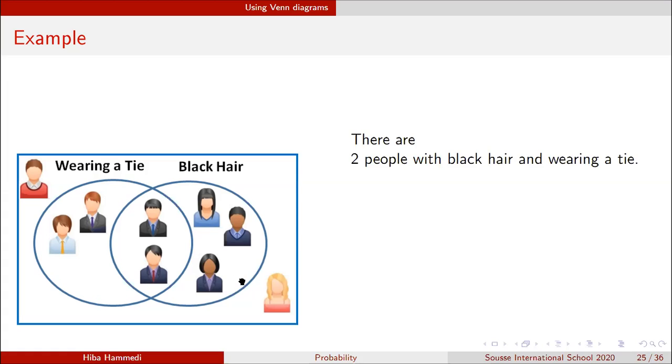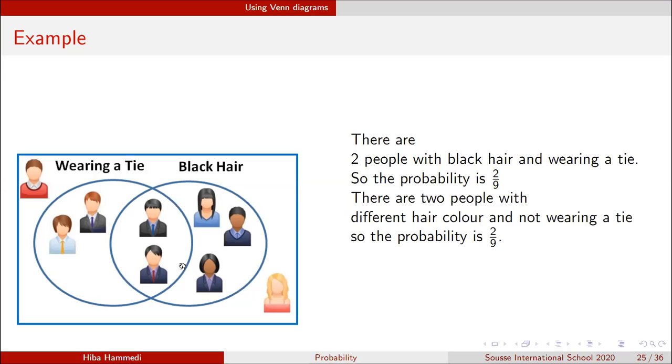As you can see here, there are two people that have black hair and are wearing a tie. If they ask you what is the probability of picking a person having black hair and wearing a tie, it will be 2/9, because overall I have 9 people here. I have 4 and 5, so it's 9 people.